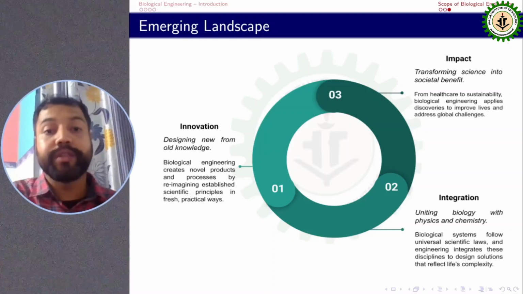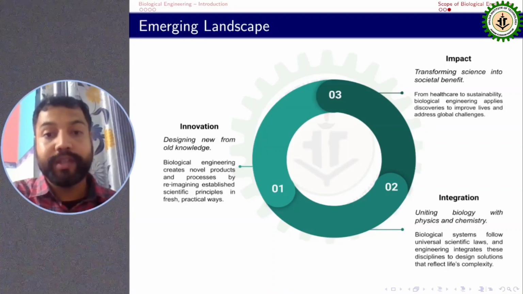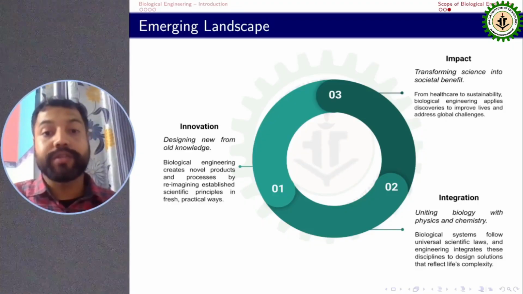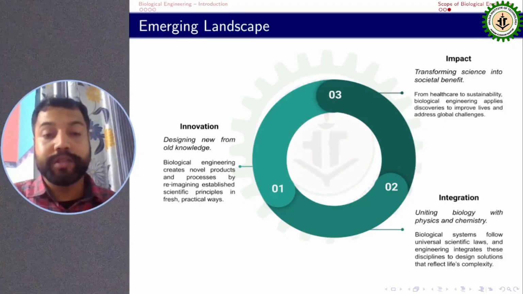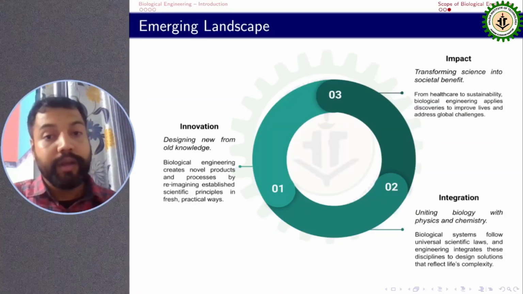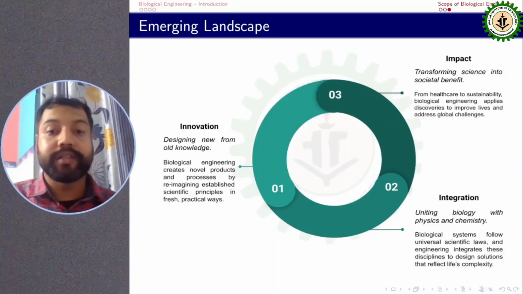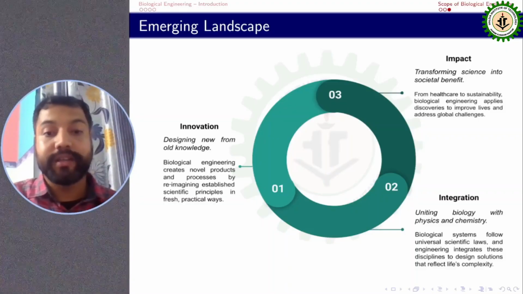Convergence of biology with data science and robotics has been efficiently studied. The increasing focus on sustainability and bio-based solutions is being explored. Biological engineering is thus shaping the future of health, energy, and society.